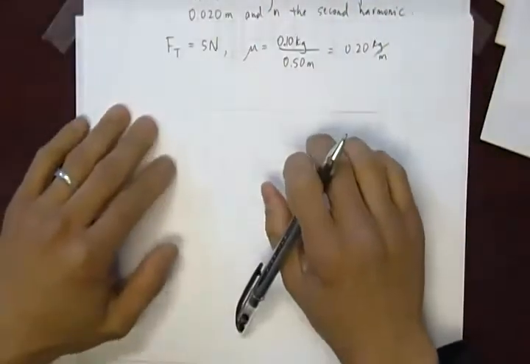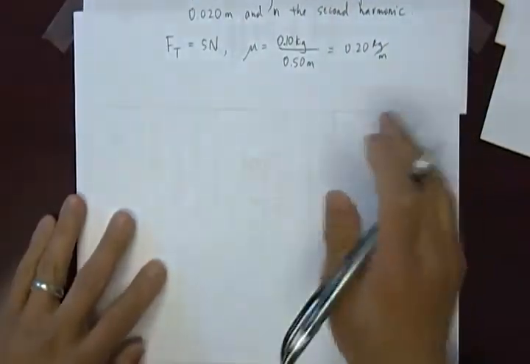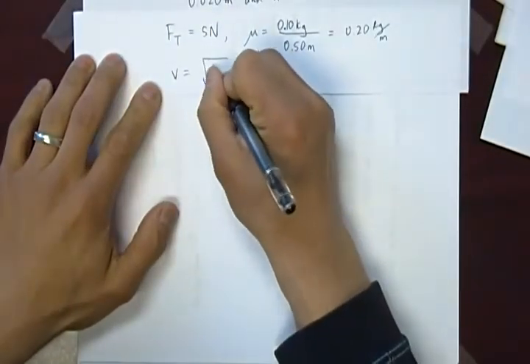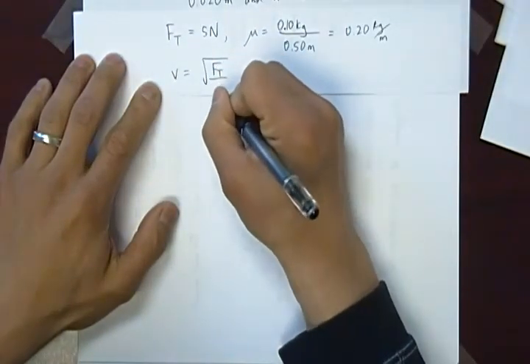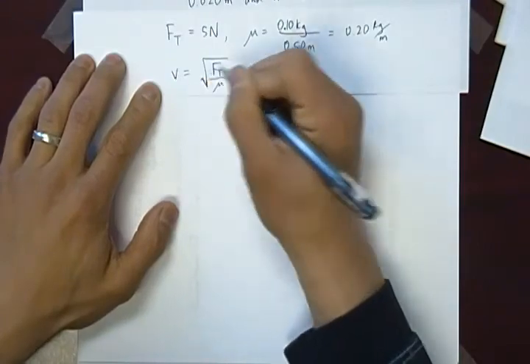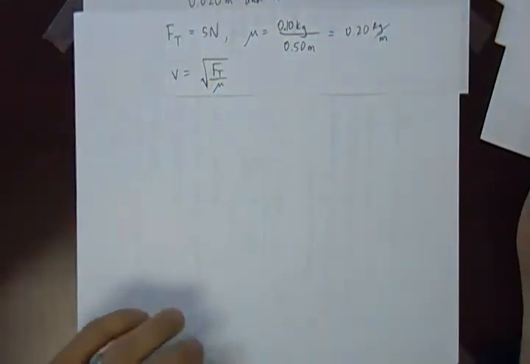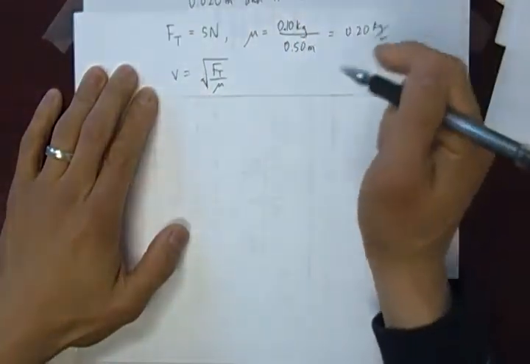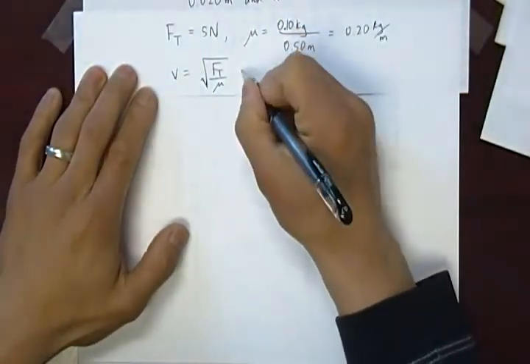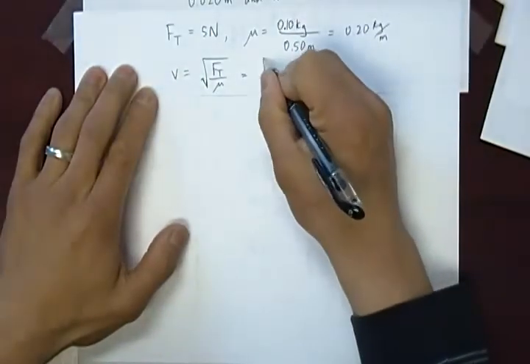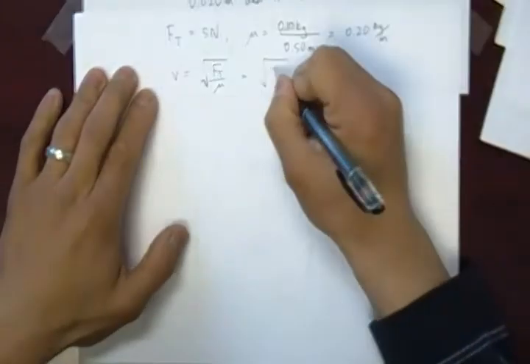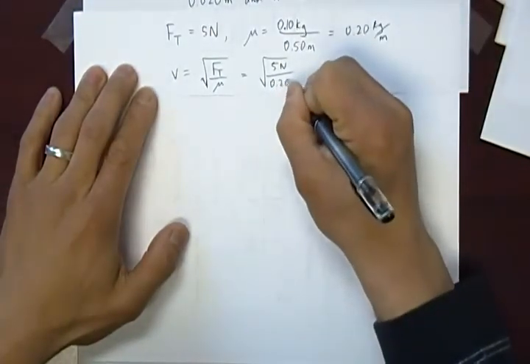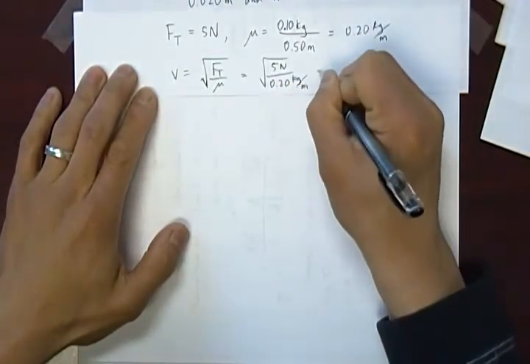The wave speed V is equal to the square root of the tension divided by the mass per unit length. Alright. Now, I just need to plug in the tension, 5 newtons, divided by 0.20 kilograms per meter.